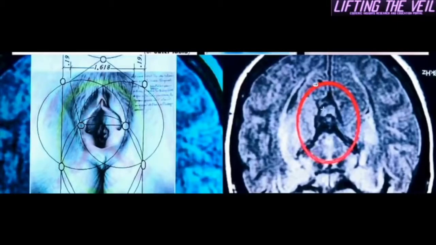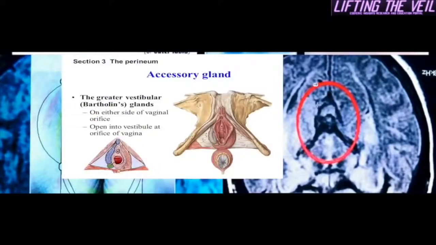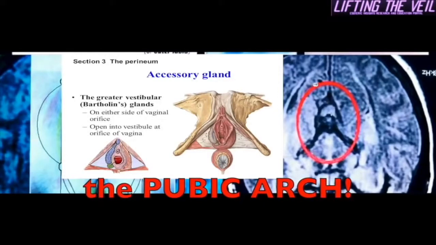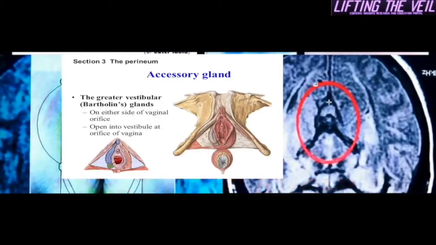Here we've got the two branches, which would be either the bulb of the vestibule or the two labia majora, the two lips of the vagina, and the frenulum clitoridis at the top, which joins the two.